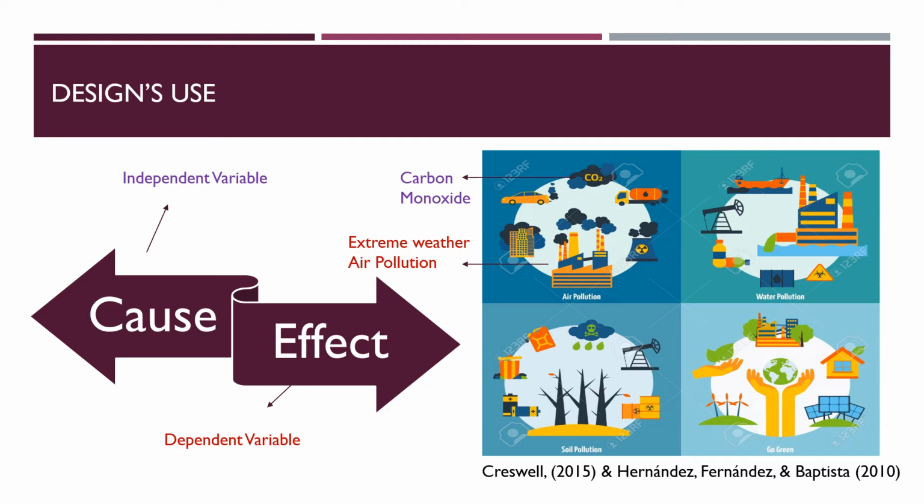If people contaminate the air with carbon monoxide, heat and particles will fill the air, causing extreme weather. Also, air pollution. At the same time, it will cause breathing disorders in different people.